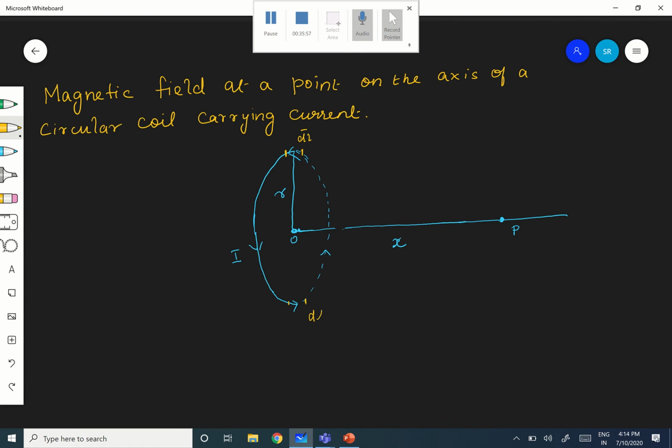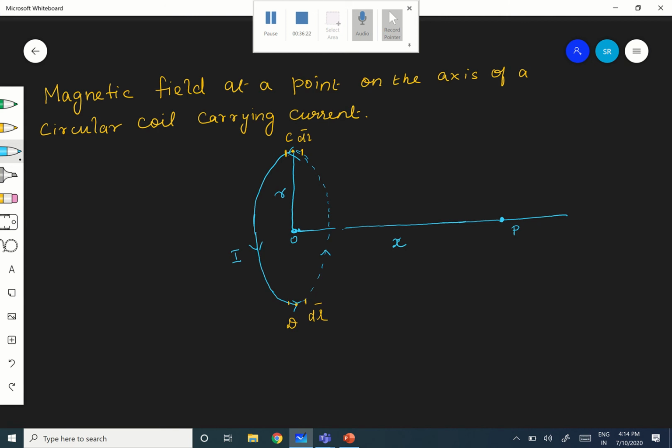Let me give some names to the points: let this point be C, and this point D.